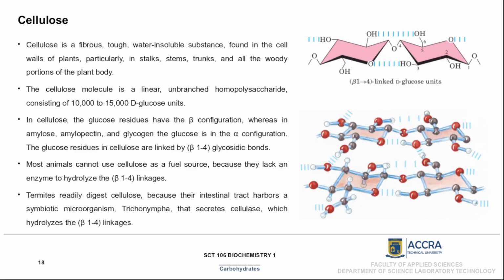Now, cellulose. Cellulose is a fibrous, tough, water-insoluble substance found in the cell walls of plants. In fact, they form the woody part of plants. Cellulose also contains glucose units, and it is an unbranched homopolysaccharide consisting of 10,000 to about 15,000 glucose units.